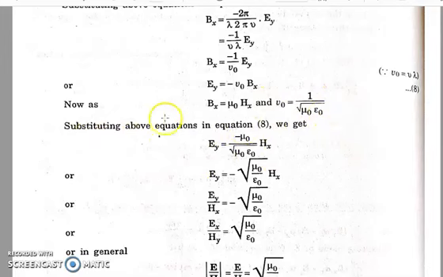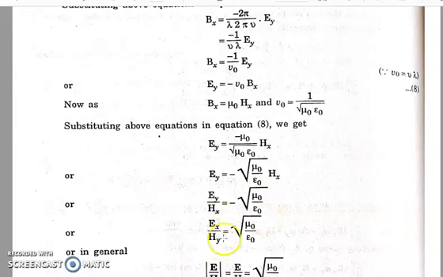Substituting these in equation number 8, we get Ey is equal to minus 1 by mu naught epsilon naught, and Bx comes out to be mu naught Hx. Upon solving this we get Ey by Hx is equal to minus square root of mu naught by epsilon naught.